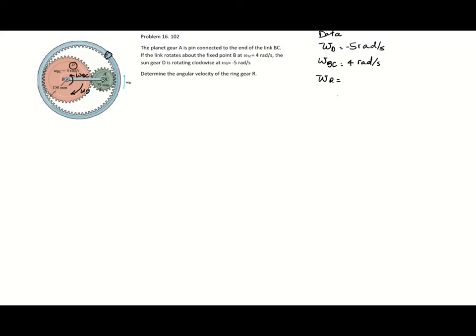So we have gear D, gear A, link BC, and then we have the point B, which is a fixed point, C, which is rotating with the link BC and the gear A, and this is unknown. Okay, so I'm going to do the solution using relative velocity.